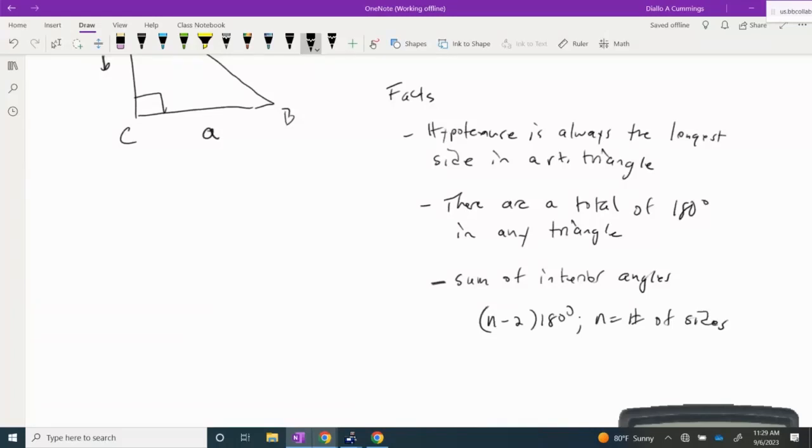A square has 4 sides. 4 minus 2 is 2. 2 times 180 is 360 degrees. If you're dealing with a pentagon, hexagon, whatever, this formula gives you the sum of the interior angles. Since we're strictly dealing with triangles, the total of the angles in any triangle should be 180 degrees.